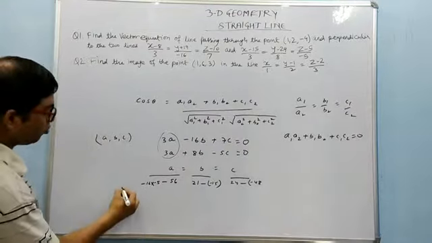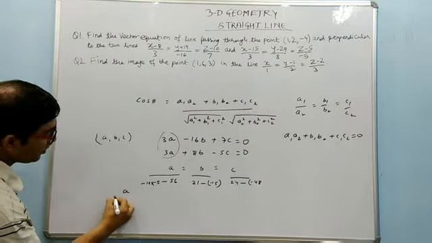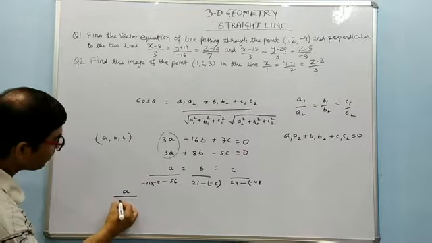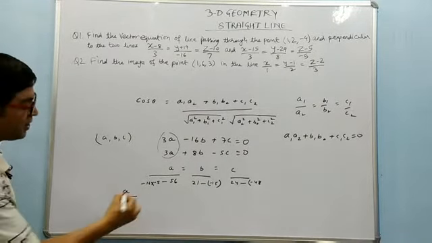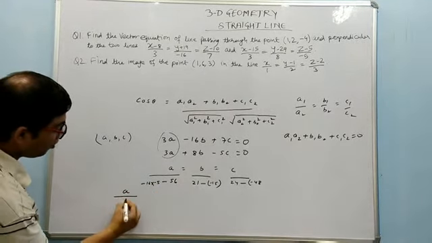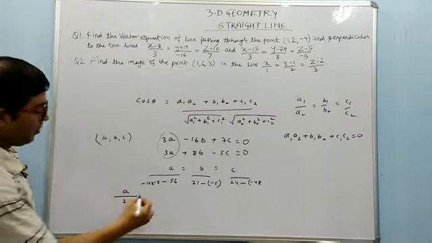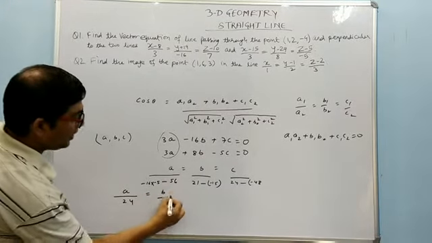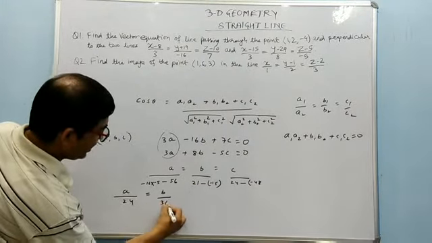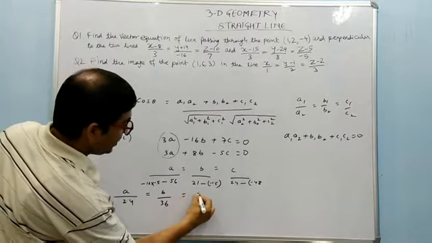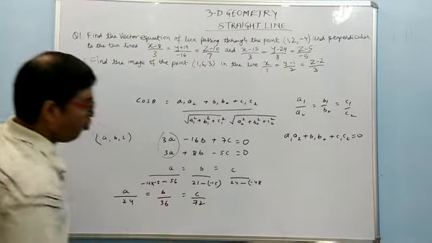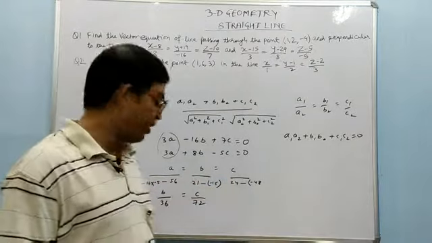So it is coming out to be a divided by 16 fives are 80 minus 56, which is 24. b by 21 plus 15 is coming out to be 36, and c by this is coming out to be 72, 24 plus 48.